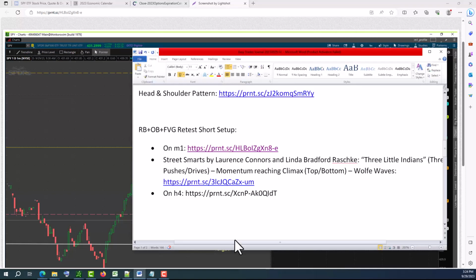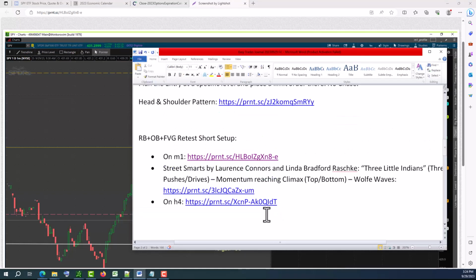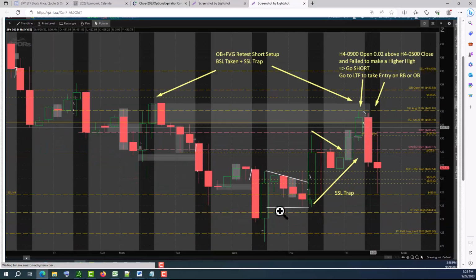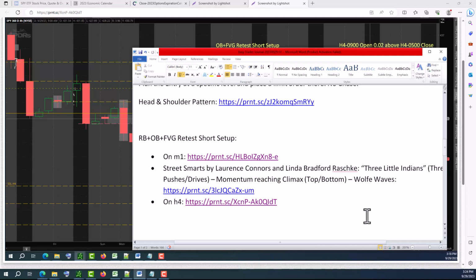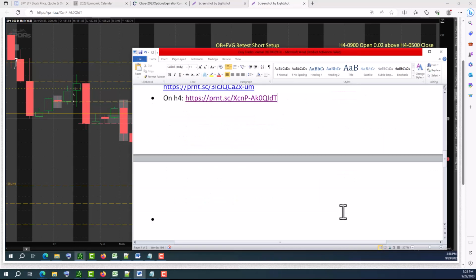And then the logic on the high time frame is right here. That's the logic. So we go to the low time frame, take entry on the rejection block, order block right there. So that's our write-up. We want to make the write-up with as much detail as possible, right?